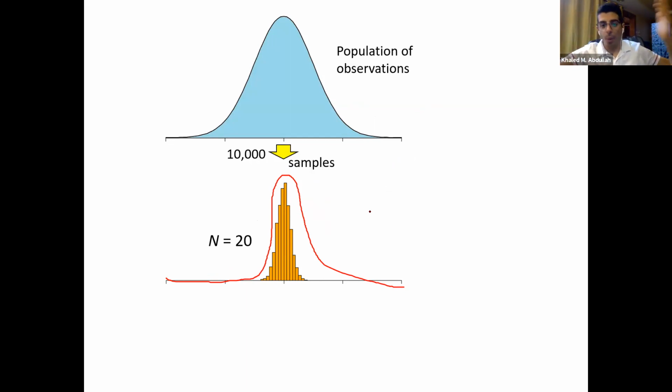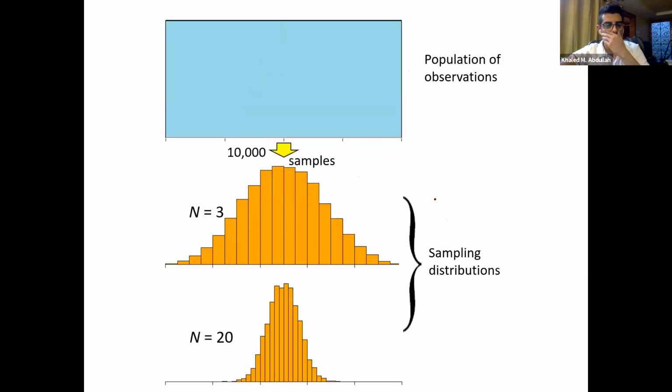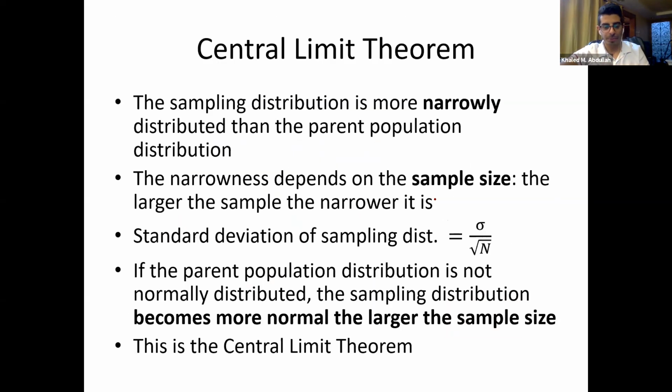Well, in math, whenever you have an inverse relationship like this, you put one value in the numerator and one value in the denominator. Therefore, they're inversely related. And that's exactly what they did. They said the standard deviation is pretty much sigma divided by the square root of n.